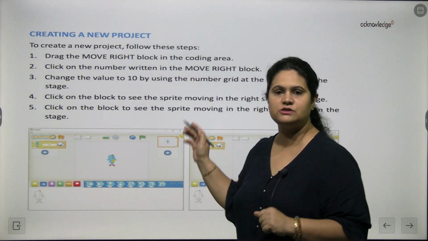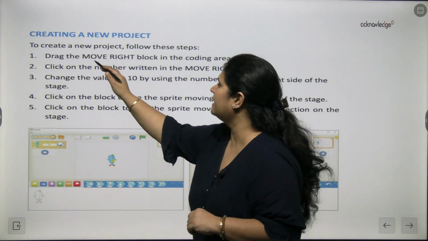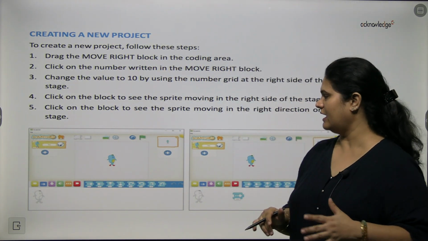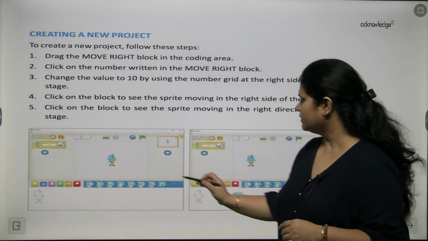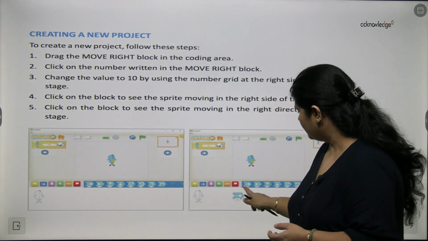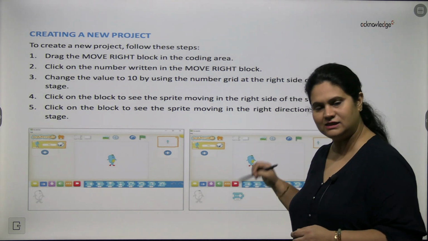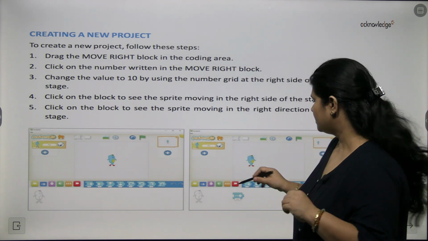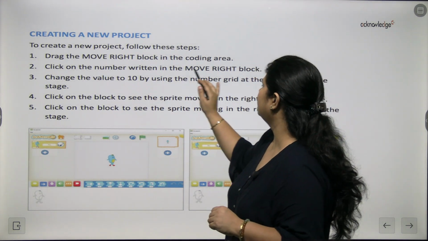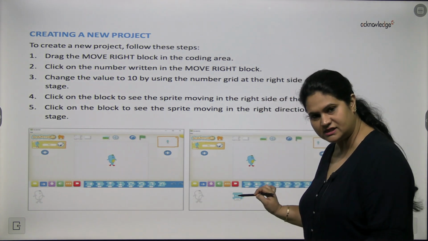So we'll follow these steps. Number one is drag the move right block into the coding area. Suppose you want to move your character to the right. You will drag this move right block, which has an arrow pointing towards the right, and click on the number written in the block.